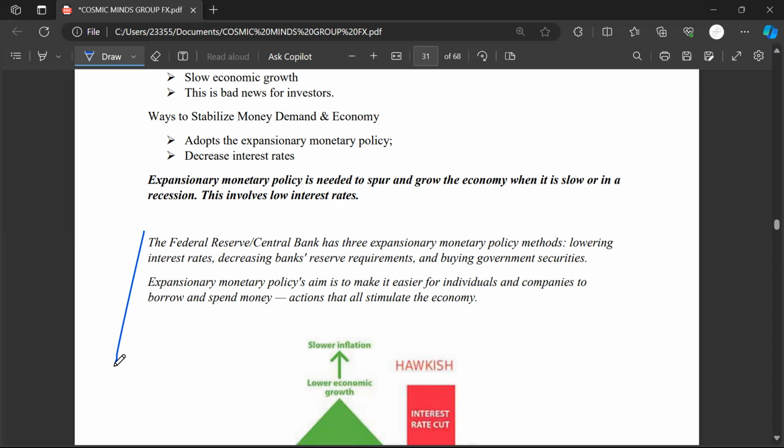Listen, when you buy with money, they are giving money back into the system. So that is as simple as that. I think you are getting the picture, you are appreciating this. And then the expansionary monetary policy's aim is to make it easier for individuals and companies to borrow and spend money. Nice one. These actions all stimulate the economy.